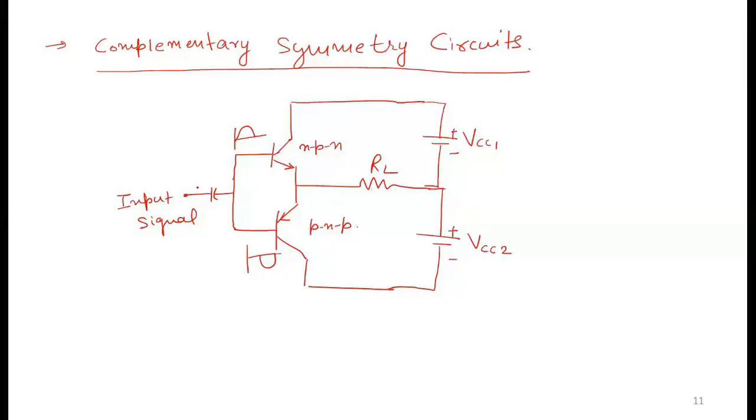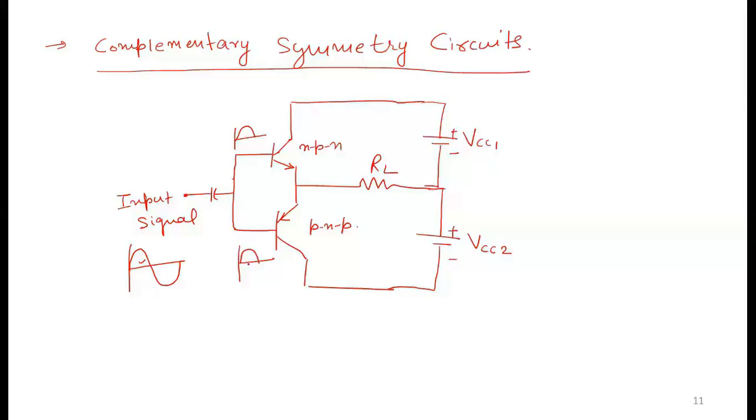So let's discuss the working. When we apply the input signal, during the positive half cycle, both transistors will get the positive half cycle. Here we change this cycle, so we can draw it again. During the positive half cycle, to the base of both transistors, we will get the positive cycle.